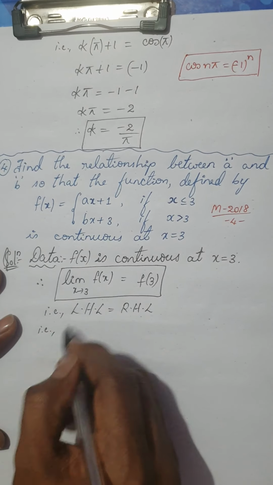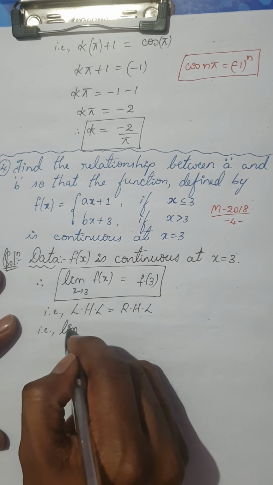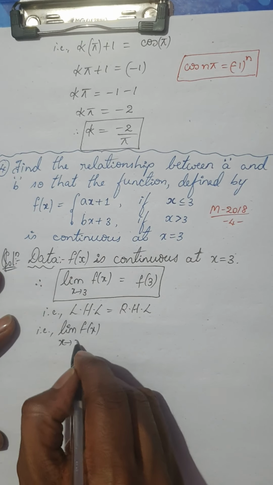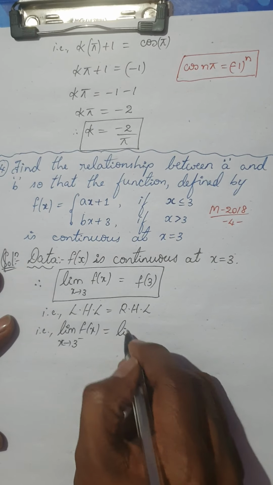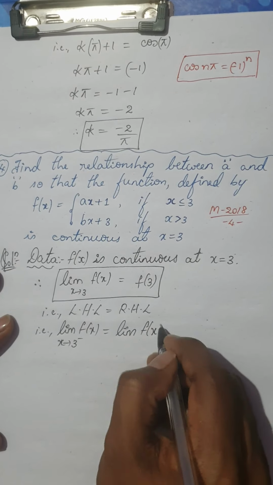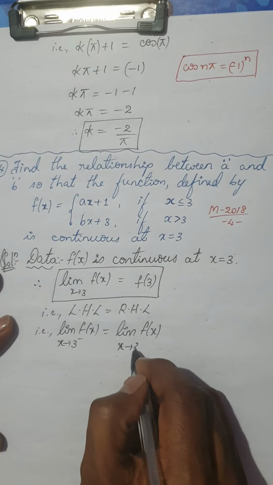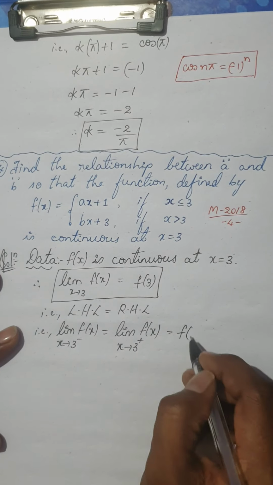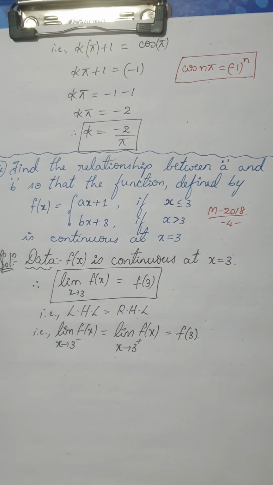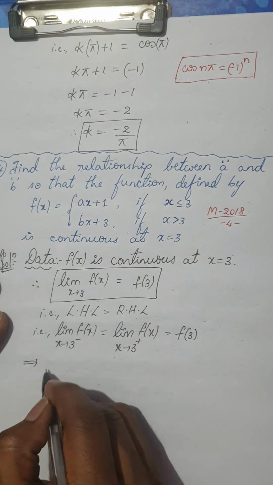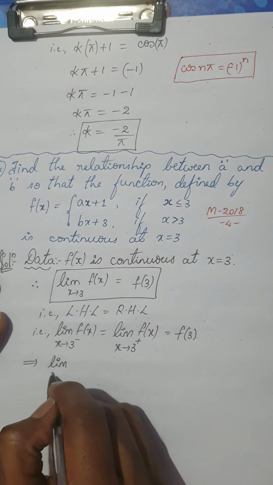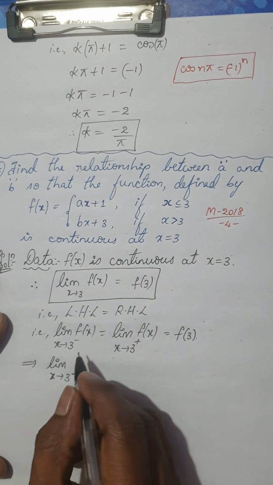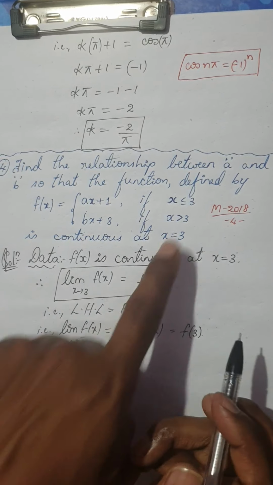What do you mean by left hand limit equal to right hand limit? That is, the limit of f of x as x tends to 3 from the left hand side is the same as the limit of f of x as x approaches 3 from the right hand side, which is f of 3. So the limit as x tends to 3 minus, that is from the left hand side, what is the function for x less than or equal to 3?